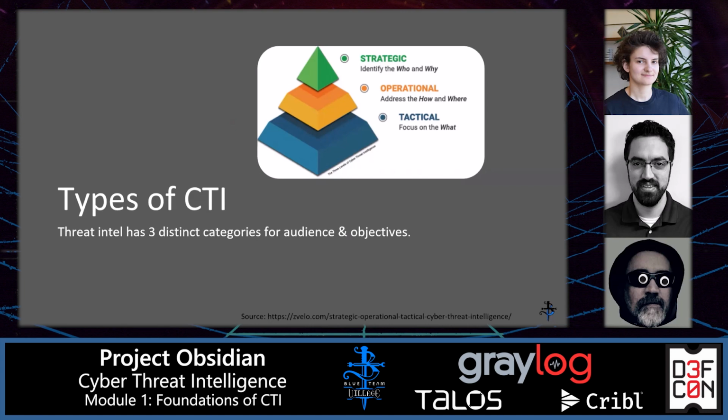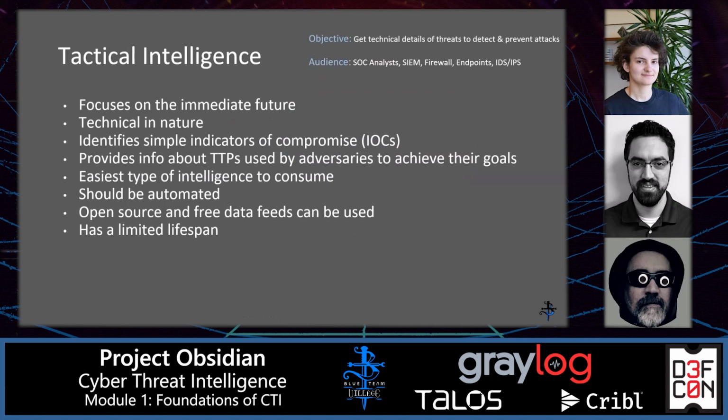Cool. So we're going to go over the types of CTI. So there's 3 broad categories for CTI. They're categorized by objectives and audience for the most part. So we'll again start at like the most technical layer and move up the hierarchy. So the first type you have is tactical intelligence. The objective for that is getting the technical details of threats to detect and prevent them.